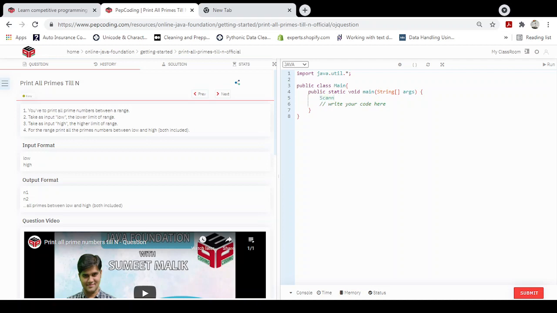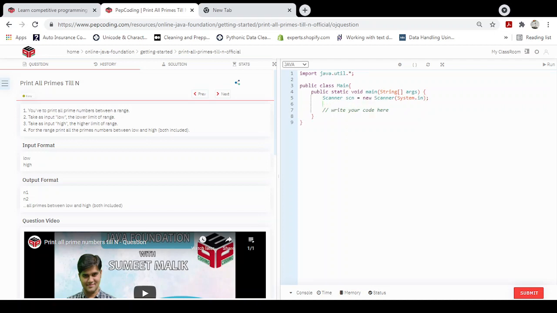Now we are more or less familiar with the scanner command. So Scanner scn is equal to new Scanner(System.in). Okay, I'm spelling System.in.